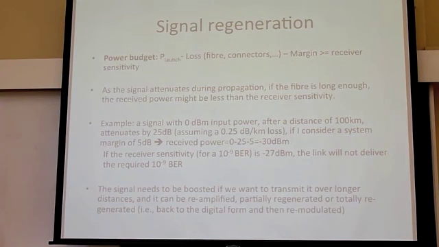Now, if the receiver sensitivity is such that to get this bit error rate I need minus 27 dBm, then there's pretty much nothing I can do. I'm missing 3 dB. So I need to change something here. What I can do is amplify the signal. In some cases I can amplify just before the end, in some cases you have to amplify before that. And we'll now look at that.